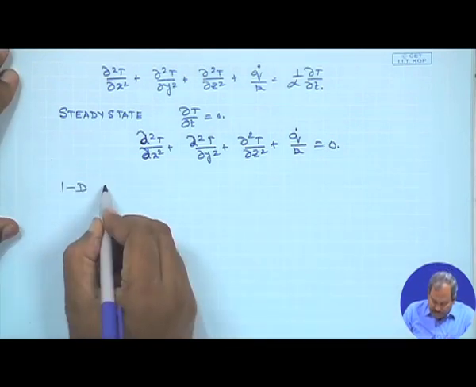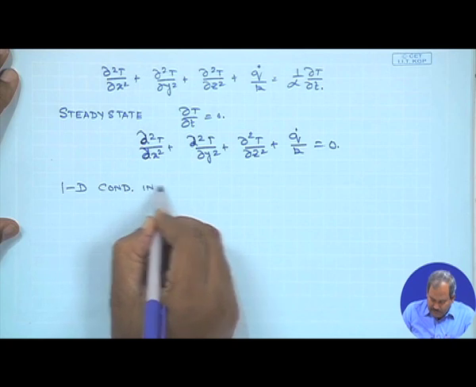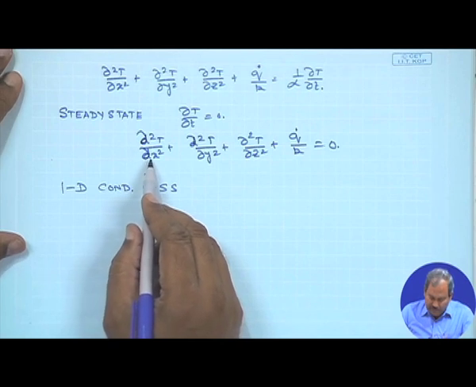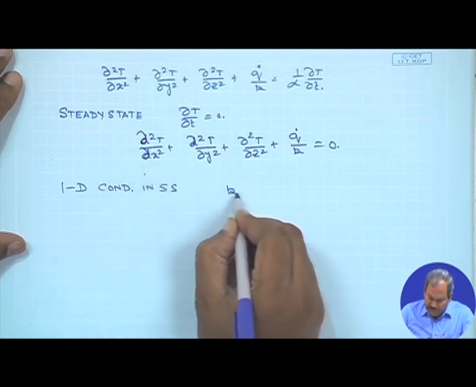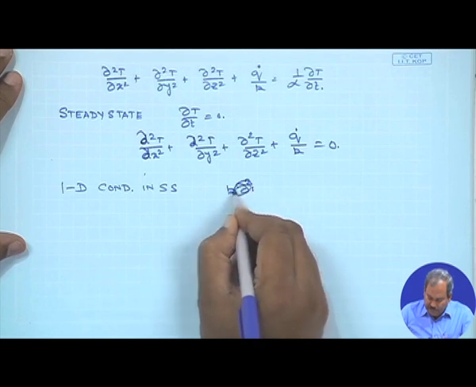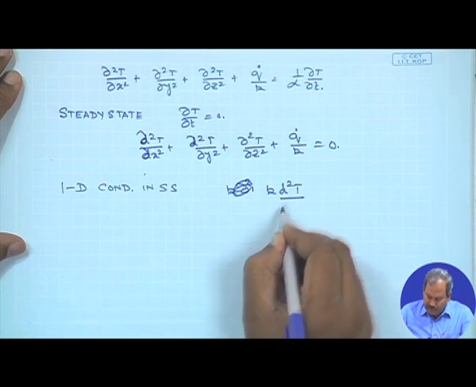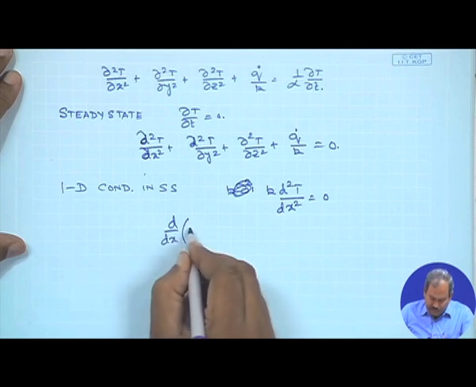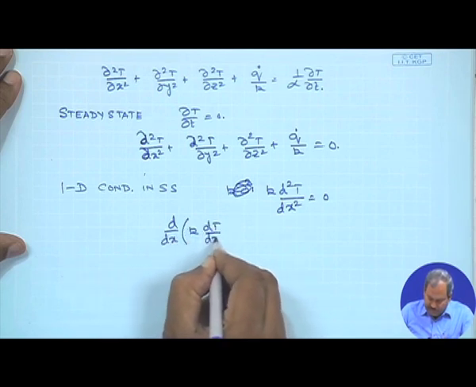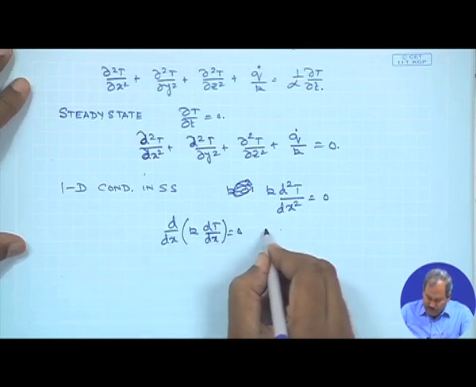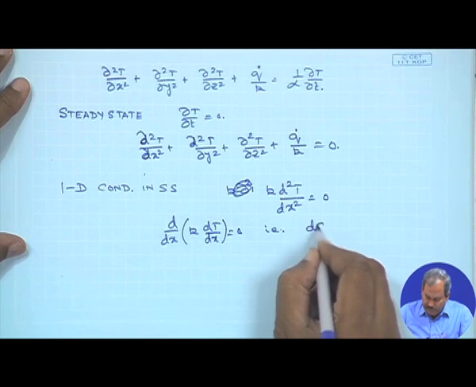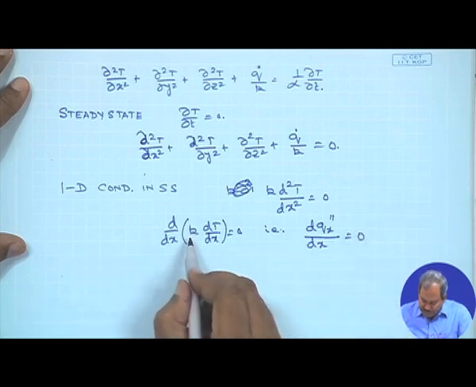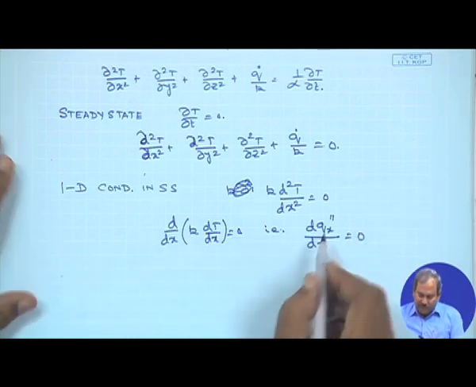If it's 1D conduction in steady state, and let us say the heat is only getting transported in the x direction, then what you would get is k times d2T dx square, there is no reason for writing it in partial form, k d2T dx square is equal to 0, or you can also write it as d dx of k dT dx is 0, or in other words, d q_x double prime by dx is equal to 0, since k dT dx is equal to minus q_x.